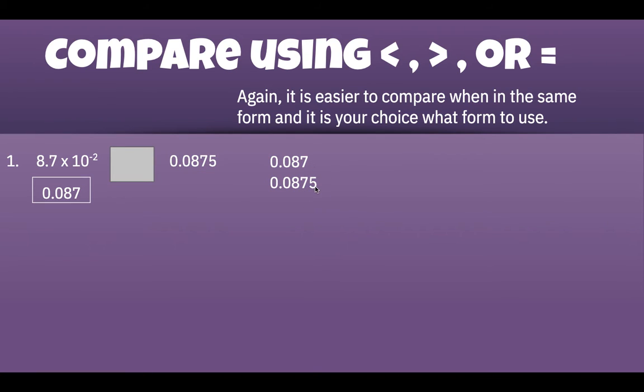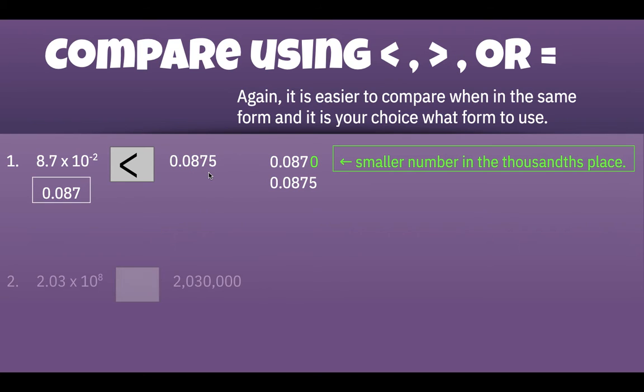So if we line these up, we can clearly see it's the same, same, same. This one would be bigger because of the 5, since we can add that 0. So a smaller number in the ten-thousandths place, 0. So we'd say that 8.7 times 10 to the -2nd is less than 0.0875.